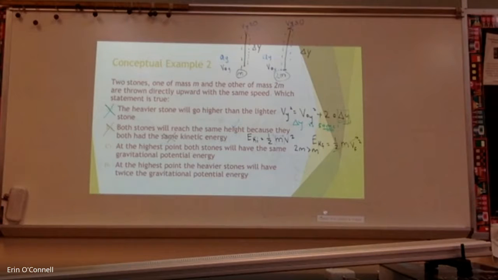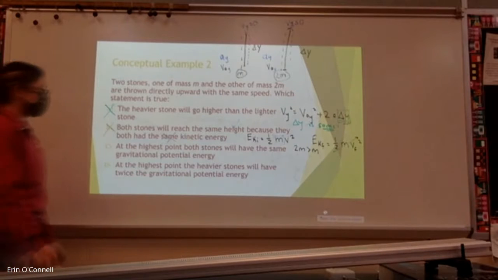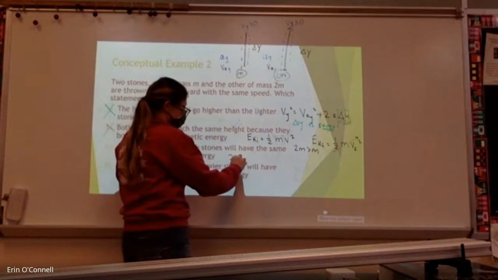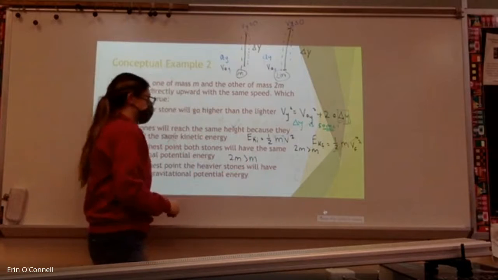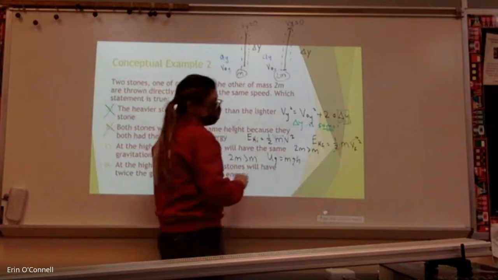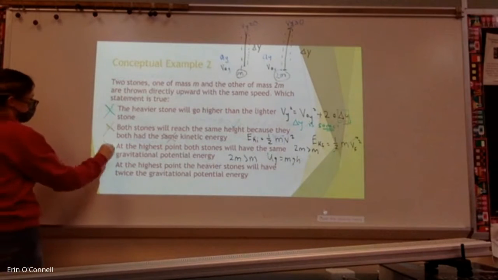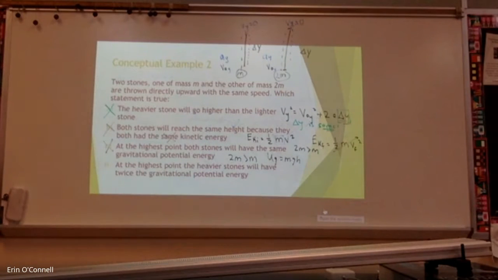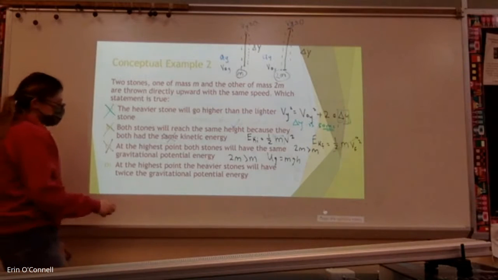Okay, C, at the highest point, both stones have the same gravitational potential energy. That is not true for the same reason again. 2m is larger than m. Potential energy is m times g times h. The potential energy itself will not be equivalent at the top of the path. So D, at the highest point, the heavier stone will have twice the gravitational potential energy, and that will be true.